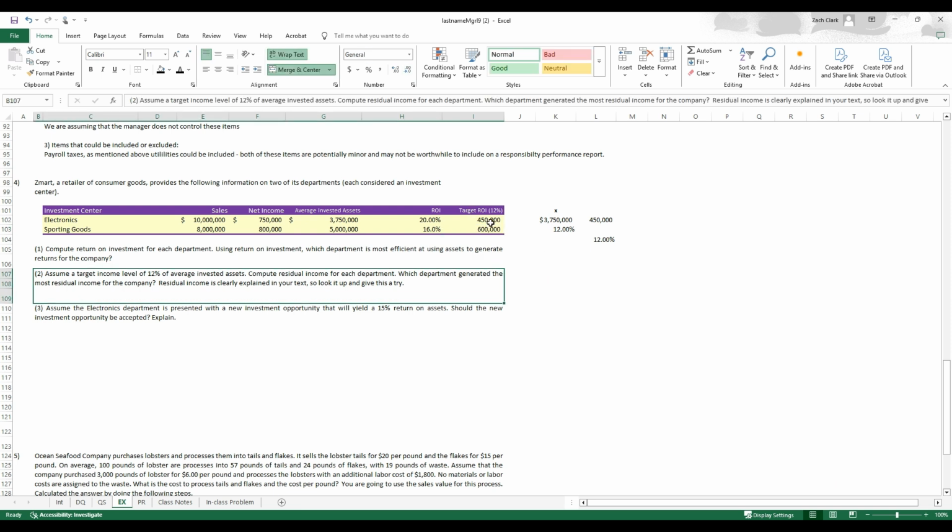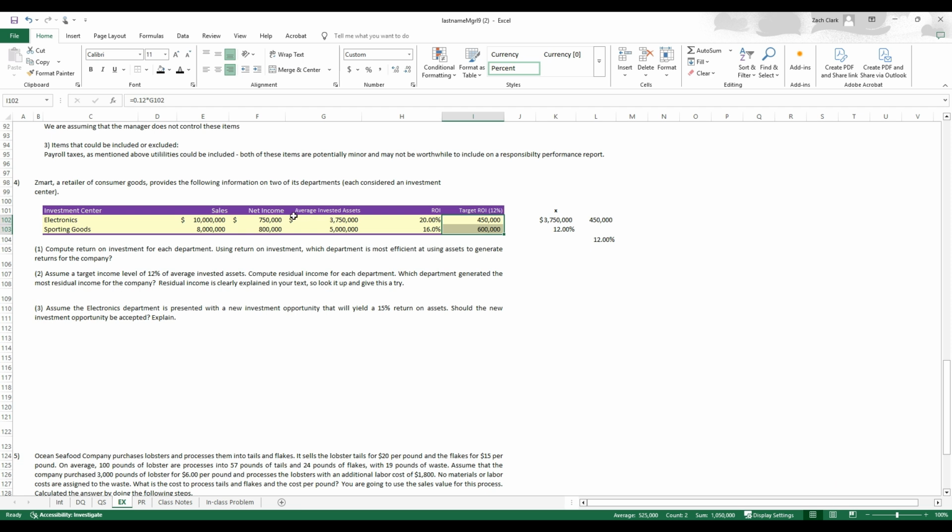So 600,000 is what we'd want for our net income, basically, if we're going to have a 12% ROI on the assets that we have invested. So then we would say, who generated the most residual income? The residual income is just saying how much. Let's extend this one more time.